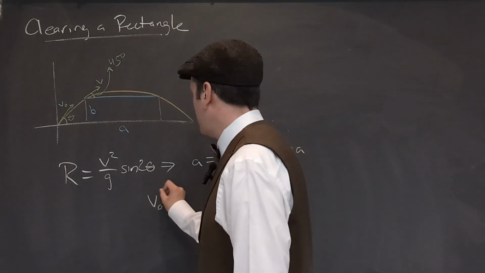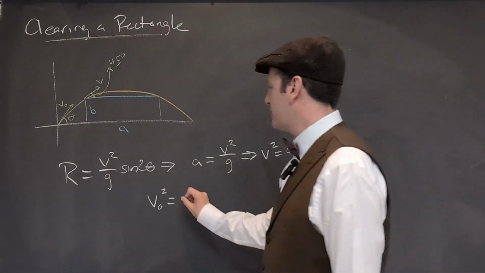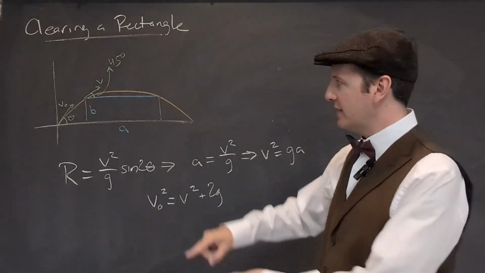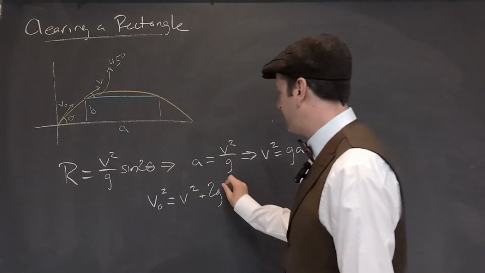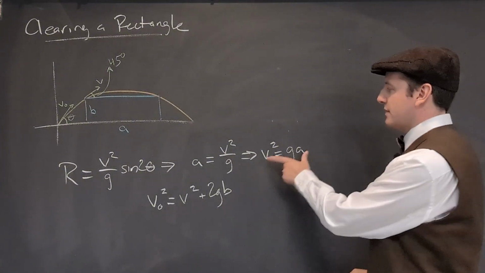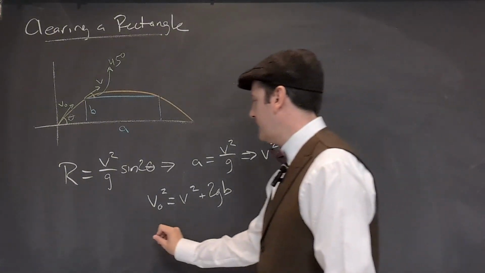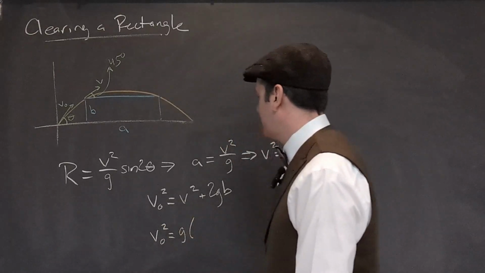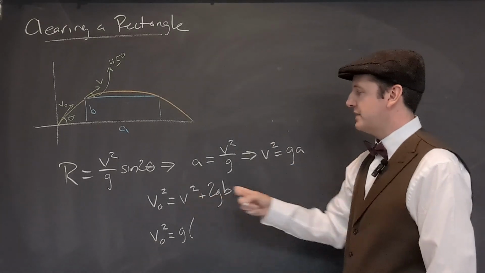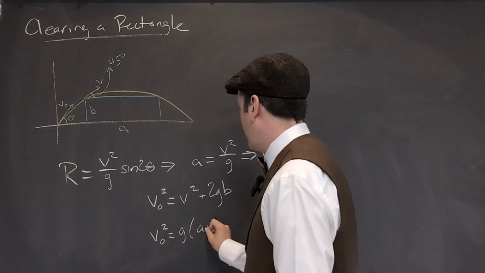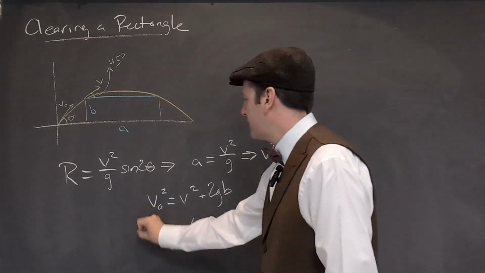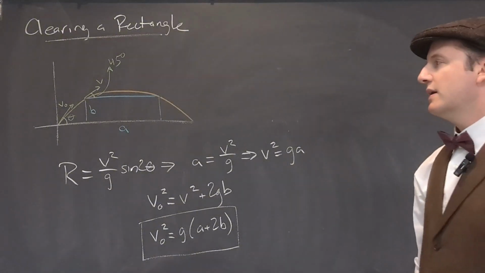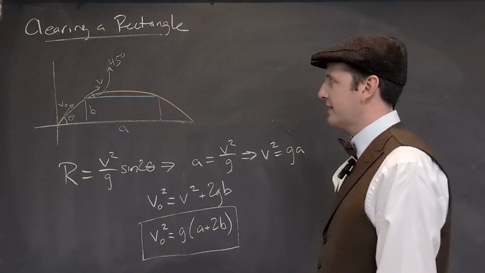Notice that v naught squared by conservation of energy is just going to be v squared plus 2gh, the height. Well, the height difference there is b. So, substituting in what we just found, we find that the minimum launch speed squared will be g times a, which comes from this v squared, plus 2b. All right, so that's our first result. It tells us the minimum launch speed, take the square root if you want, to barely clear this object.